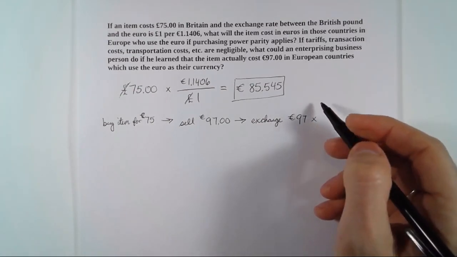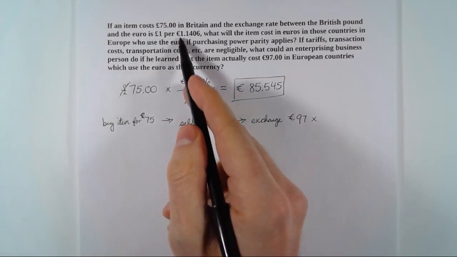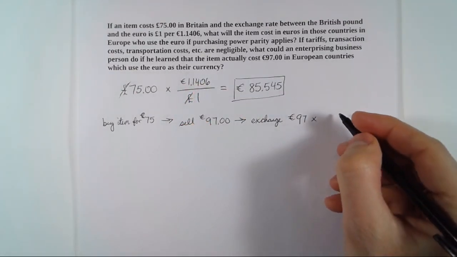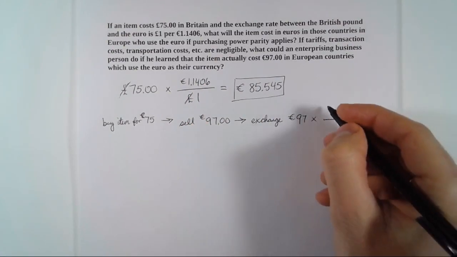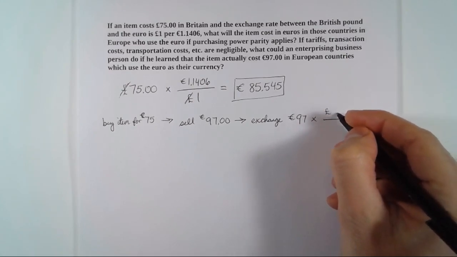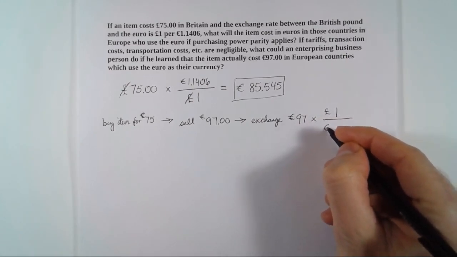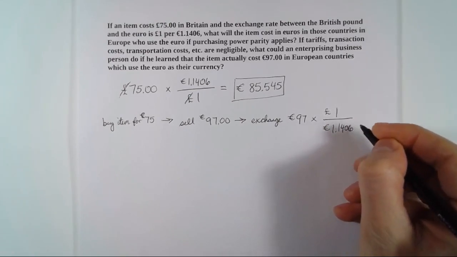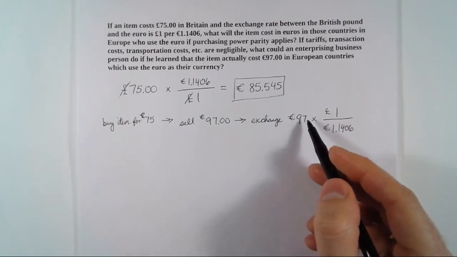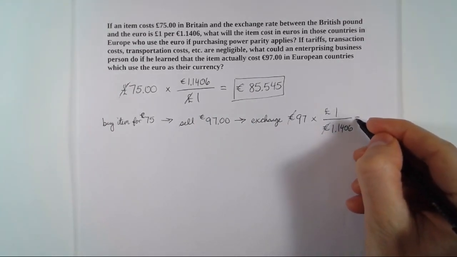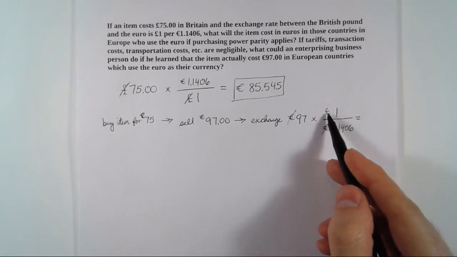Well, if we know the exchange rate is 1 pound per 1.1406 euros, then we could multiply the 97 euros that we now would have by 1 pound over 1.1406 euros. If we work this out, you'd notice that the euro unit would cancel, and that would leave us with a unit of pounds.